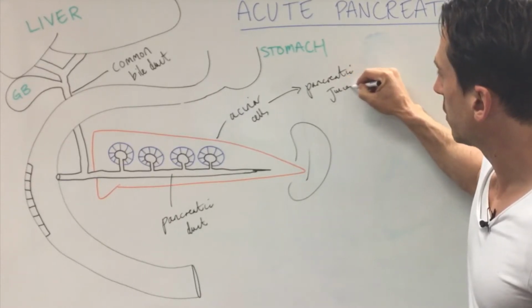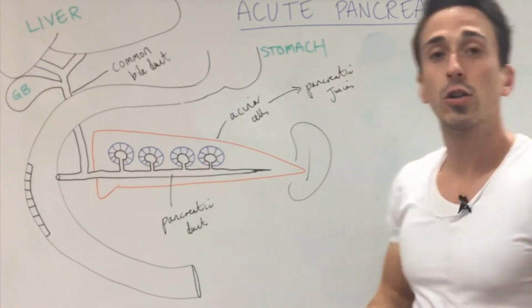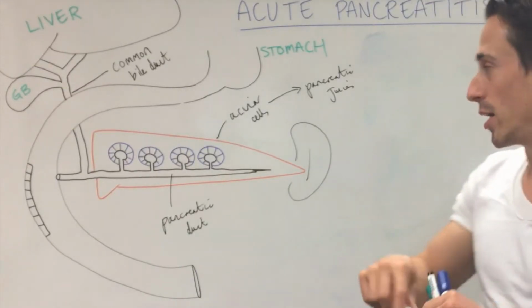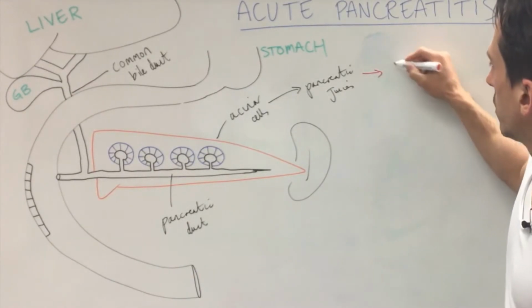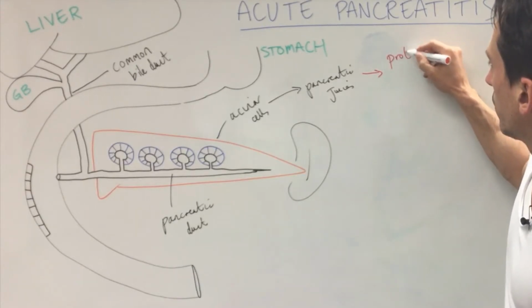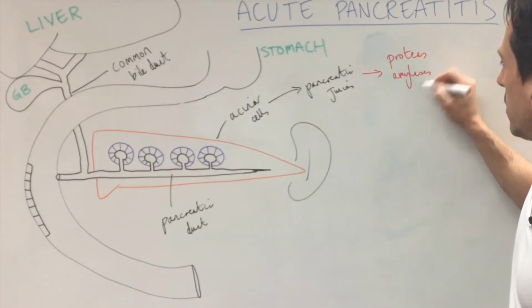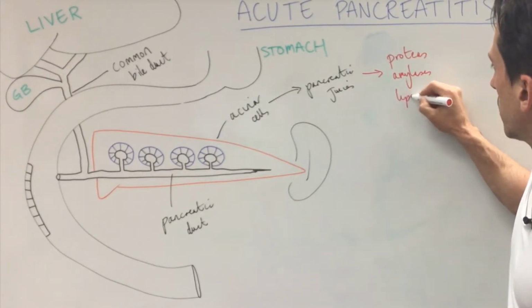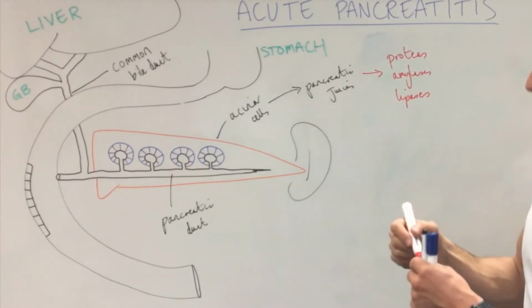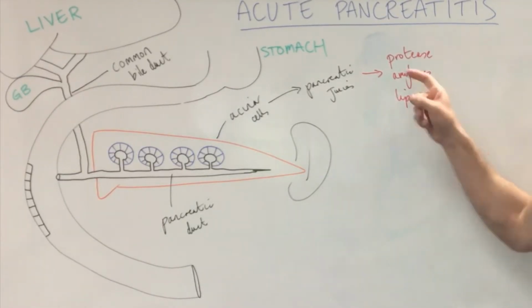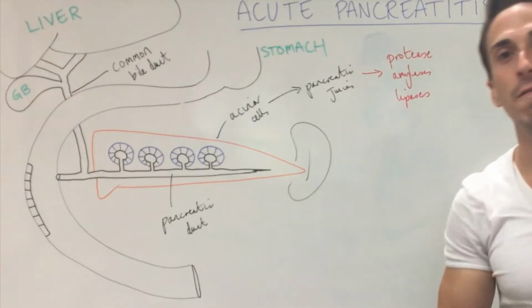Pancreatic juices include the enzymes, so the molecular scissors that can break down the proteins, fats, and carbohydrates. So this includes proteases, amylases, and lipases. Proteases break down proteins, amylase breaks down carbohydrates, lipase breaks down fats.